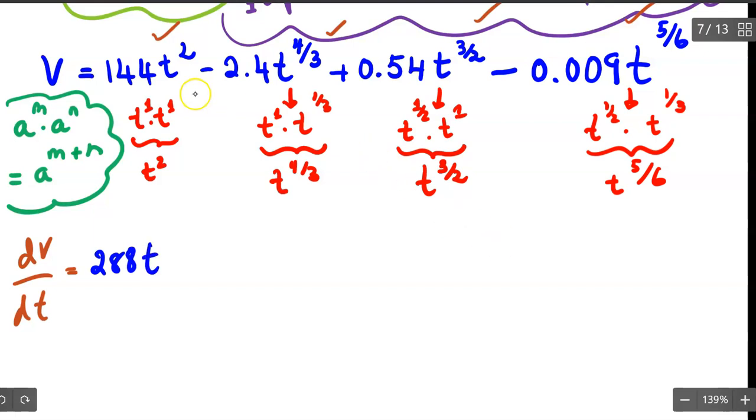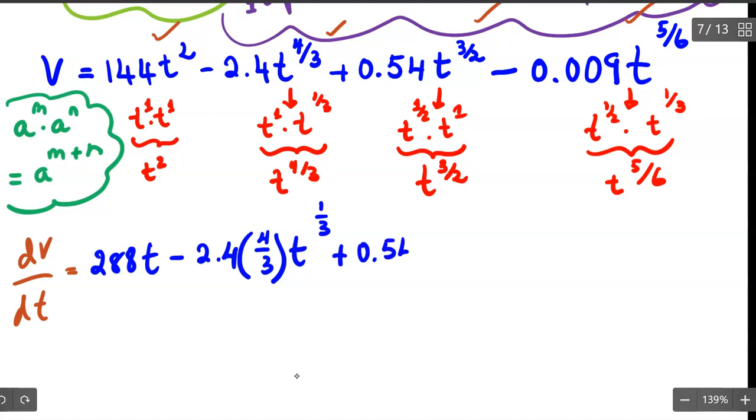For the t squared, you reduce that exponent by 1, so I just have t left, and I take 4/3 times 2.4, so this is t to the exponent 1/3, plus 0.54 multiplied by 3/2, and I take 1 from the exponent, so this should be a half.